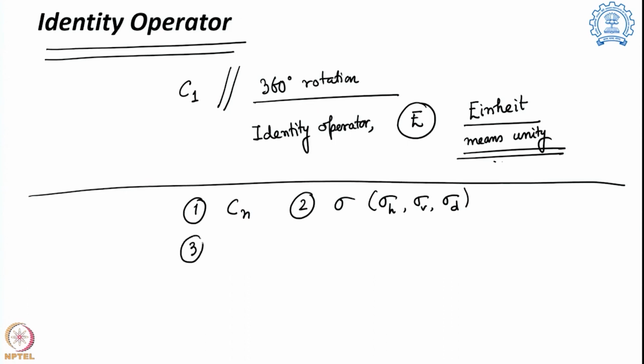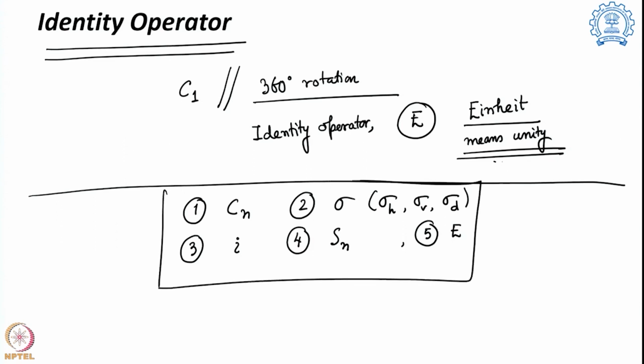Then we have gone through center of inversion or i, and we have also gone through the improper axis of rotation or Sn, where we are doing a rotation and reflection consecutively. And if we also put this operator E in the bunch, all these 5 we can put together in a group which is known as a mathematical group.